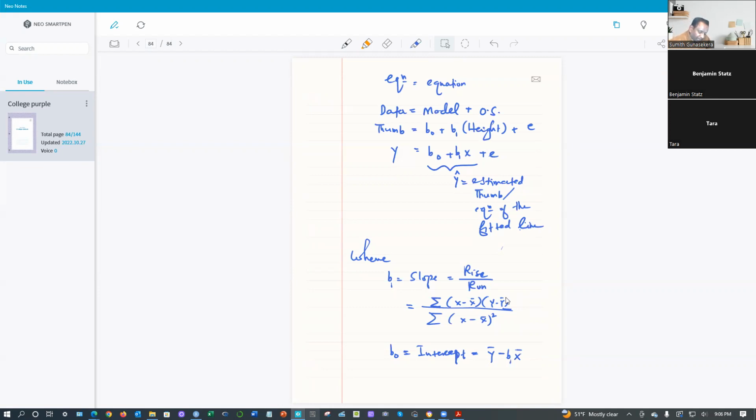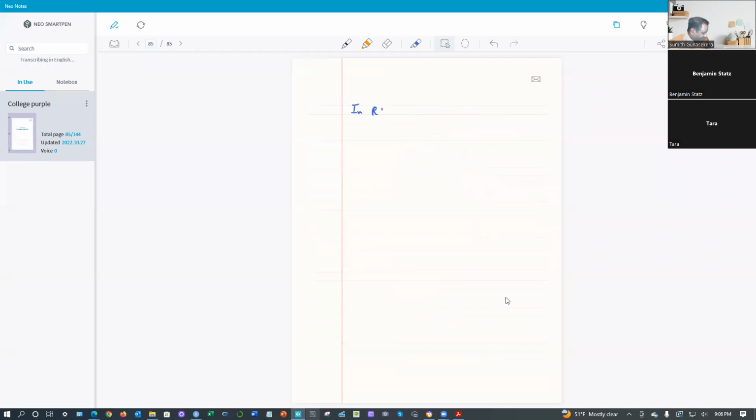In R we get this easily. How? We write the regression model, given by lm, with height and data. Then you have b0 and b1, and they display the b0 and b1.